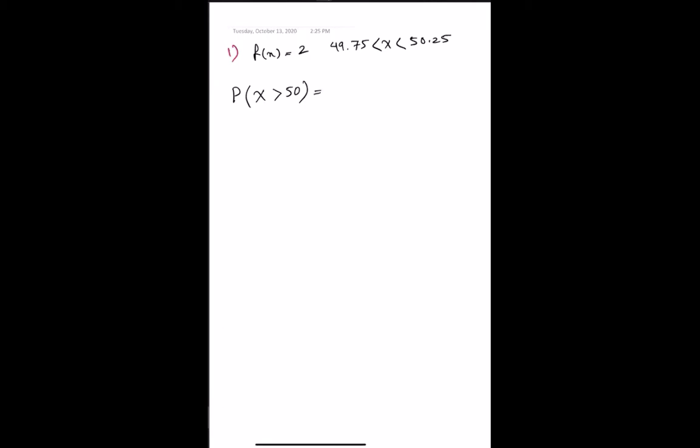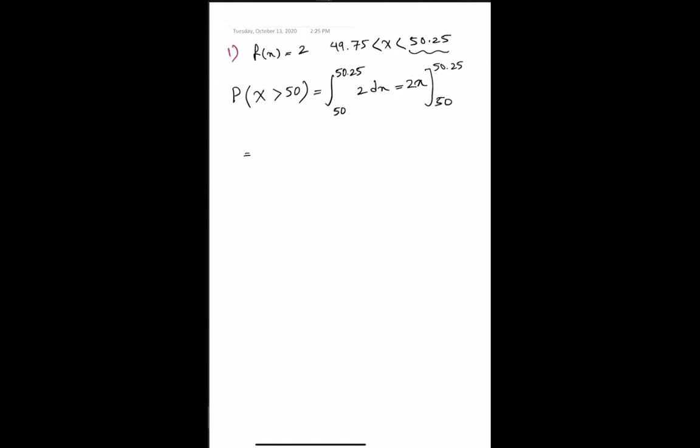So if I want to calculate that, like other examples that we have done in videos, this is the integral from 50 to the upper bound, which is 50.25, of f of x dx, and f of x is 2 dx. So that's 2x from 50 to 50.25.